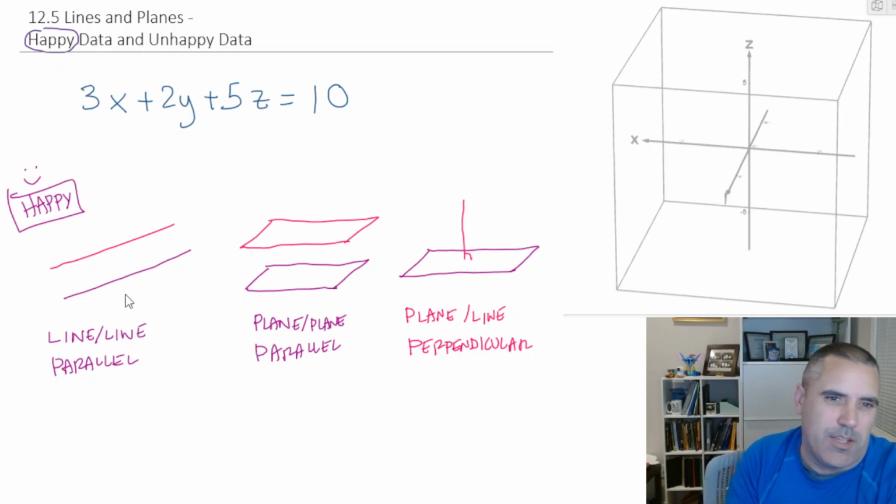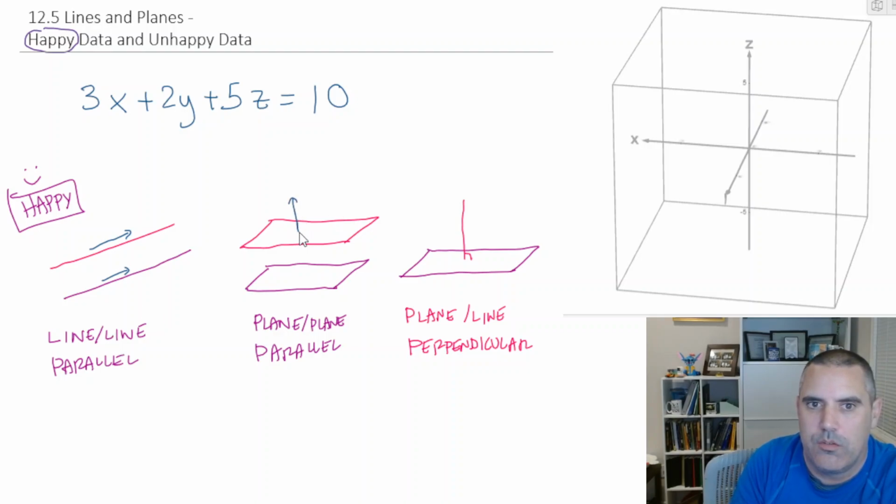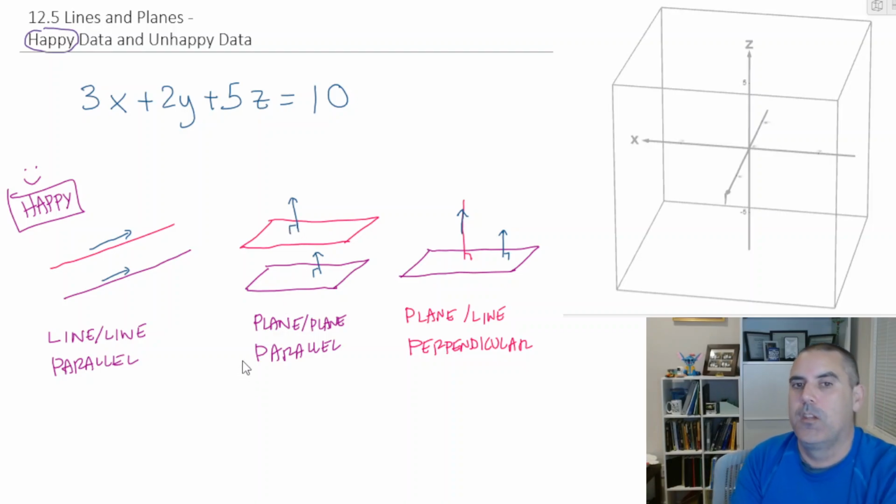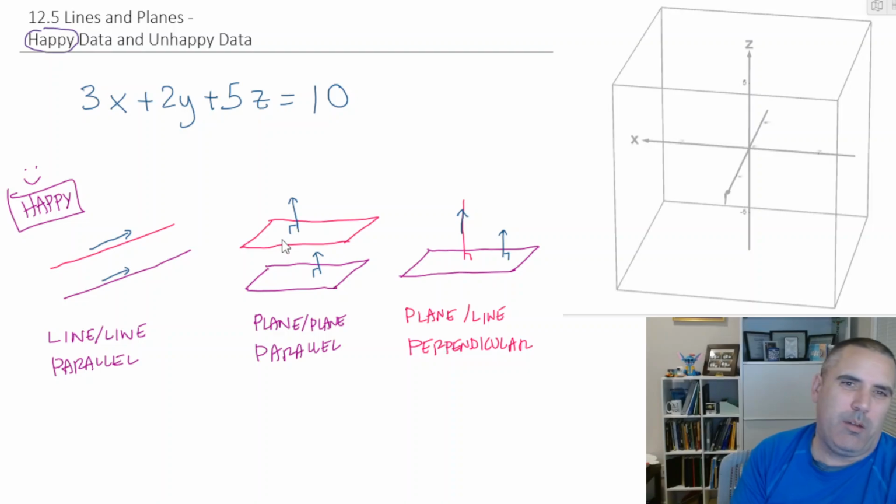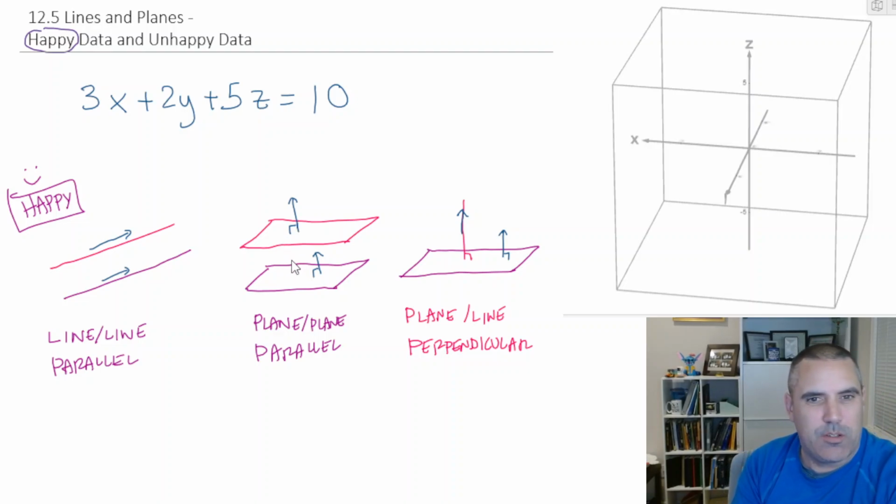The reason I say those are the happy situations is because if you look at the vectors that are important to those two lines, and the vectors that are important to these two planes, and the vector that's important to this line and this plane, they point the same way. Which means that if someone says, I want you to give me a plane that's parallel to this other plane, you can use the same normal vector.